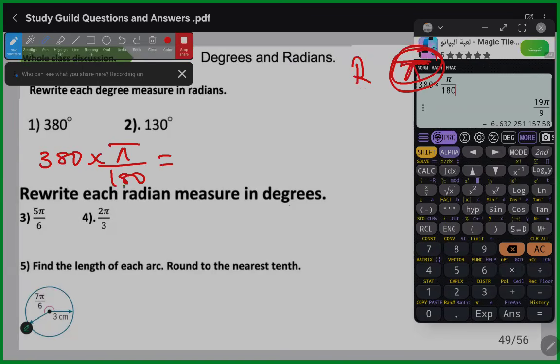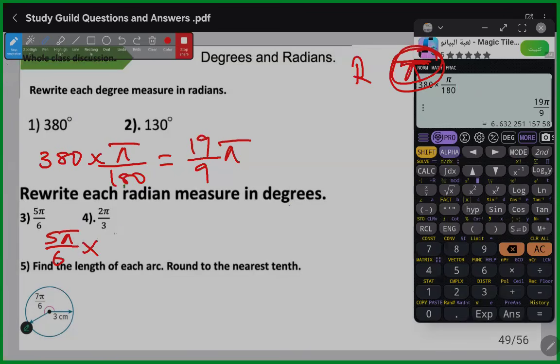So this will be 19 over 9 pi. All right. The same thing with this. For this question, I will say 5 over 6 now, because I want to write it in degrees, and I say 180 over pi. Let me also use my calculator.